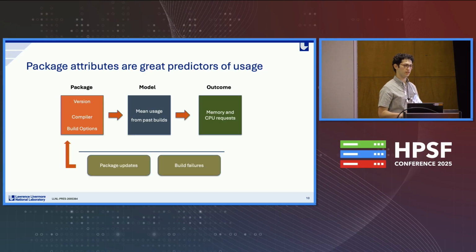And the idea is that once PRs are added, once additional package updates are created, if you have a change in your stack that you're trying to build in CI, if you have build failures, basically any change that happens within the ecosystem of the CI, we want that to influence what the prediction is going to be in the future so that we can see a feedback loop occurring within the CI.